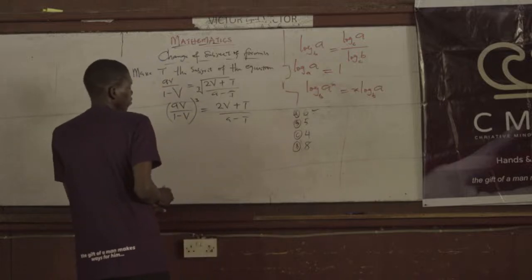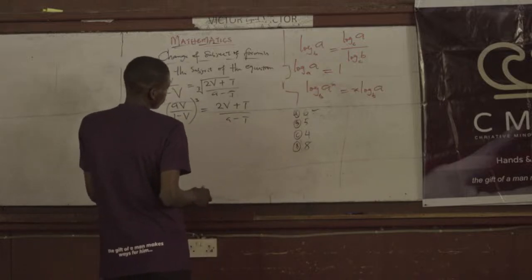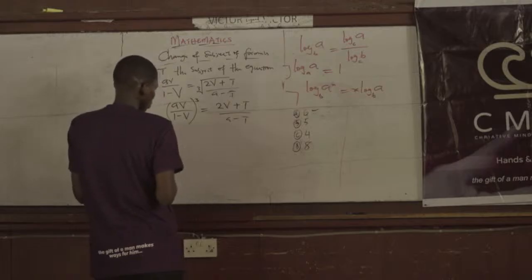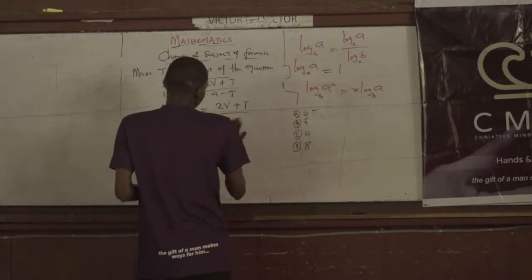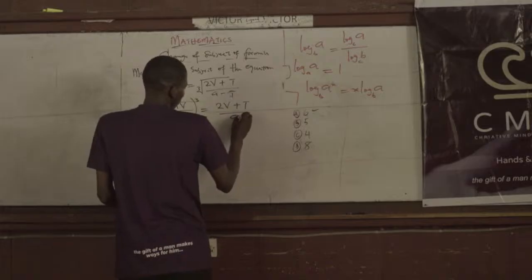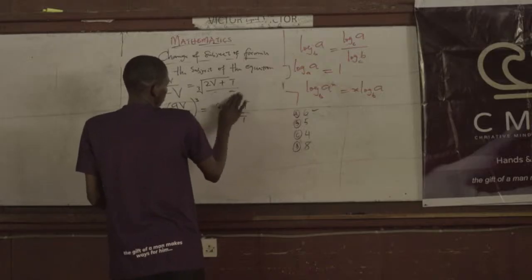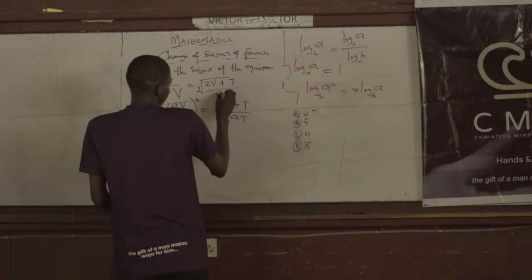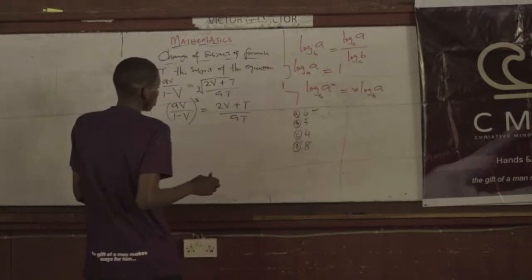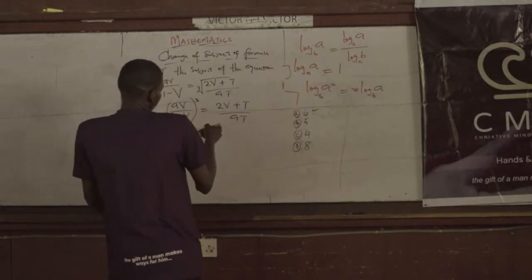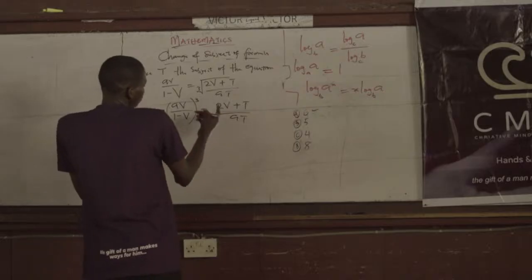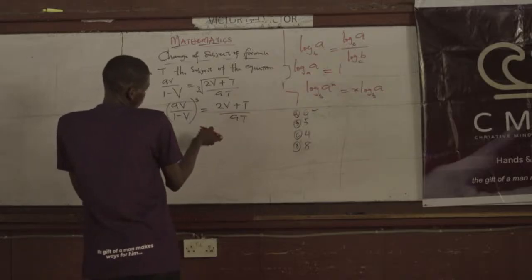How can I simplify this further? We don't know, maybe this is actually 80. It's not really clear, I think it should be 80. All right. Yeah. So now from here we can cross multiply, of course.